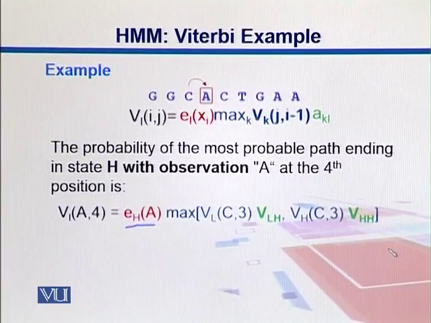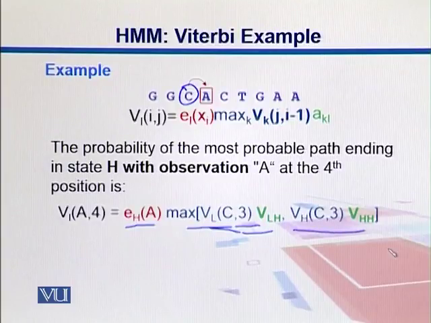Right now we are in state H, but in the previous position it can be coming either from state L or from state H. If it's coming from state L, we take its probability coming from state L. At position number 3, we observe another element, C. Whether this C comes from state L or from H, we take those two probabilities, multiply them, and get the probability of this C being in state H. That is V_H(C3), and since the symbol at position 4 is in state H, we multiply with the probability of moving from H to H, staying in the same state.